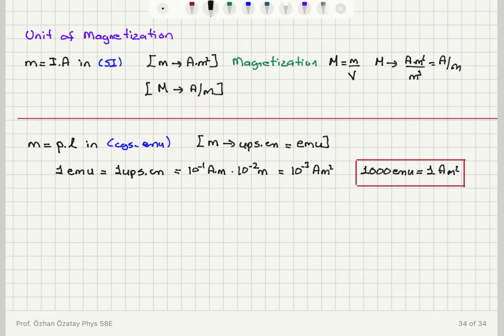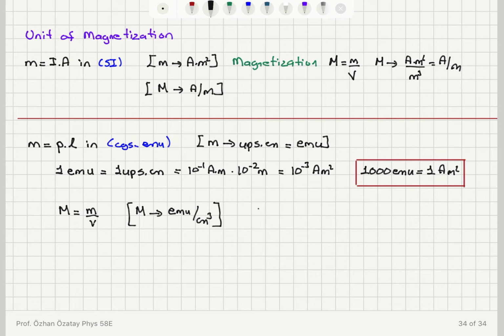Now if I go to magnetization, magnetization is magnetic moment per volume. So if you have a magnetization of 1 EMU per centimeter cube, let's first do this calculation. The unit of magnetization will be magnetic moment, which is measured in EMU, and the volume is measured in centimeter cube, so it will be measured in EMU per centimeter cube.